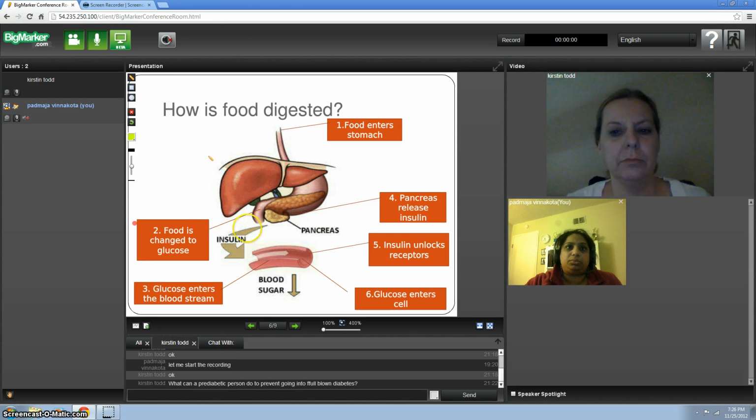So here you see that the pancreas are a very integral part of the entire diabetes condition, and you need to know that the pancreas start to do this very slowly.